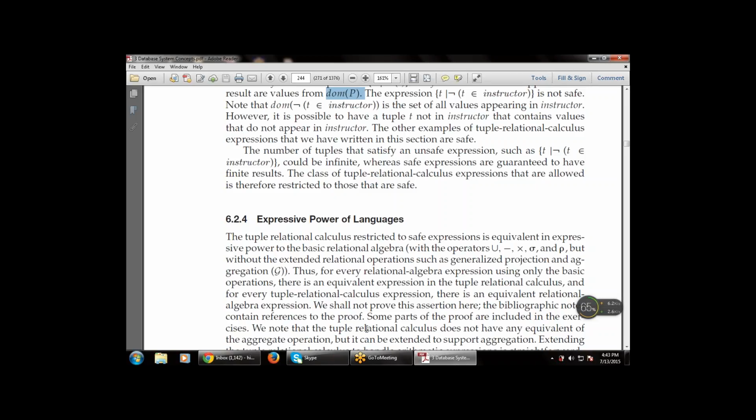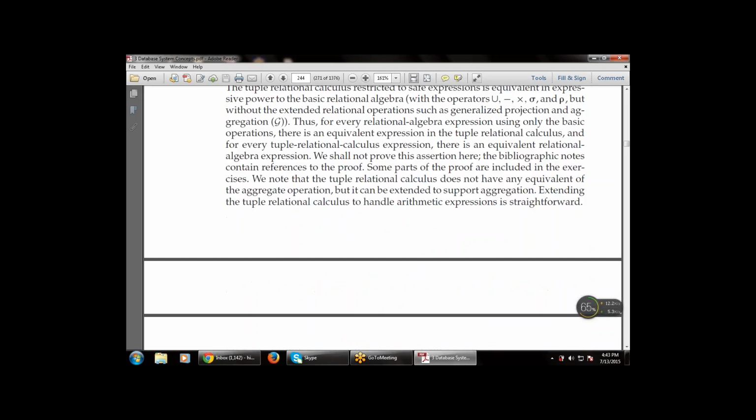Therefore, for every relational algebra expression using only the basic operations, there is an equivalent expression in the tuple relational calculus, and for every tuple relational calculus expression there is an equivalent relational algebra expression.